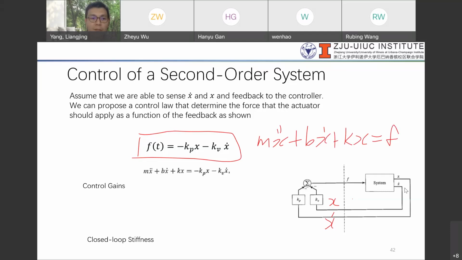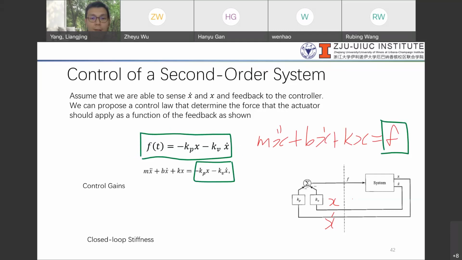All right. Maybe I will use a different color. So now we substitute this f in.